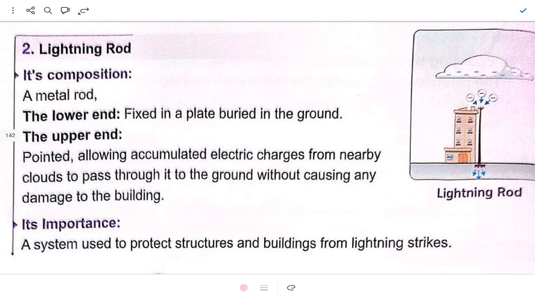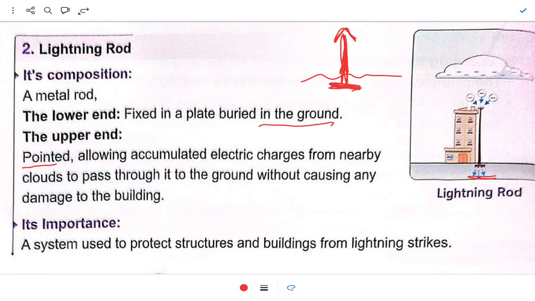Lightning rod. Its composition: a metal rod, with the lower end fixed in a plate buried in the ground. So we have this rod like that. There is a plate at the lower end of it. This plate is buried in the ground like this, but the upper end is pointed, allowing accumulation of electric charges from nearby clouds.